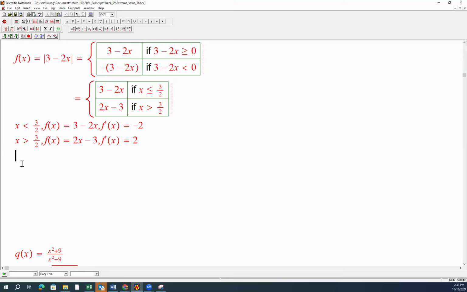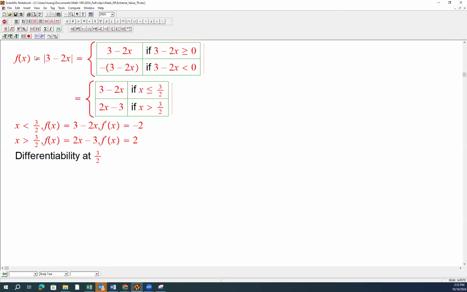So now we have not considered 3/2. We'll check differentiability at 3/2 in a moment. So let's see what the differentiability at 3/2 is. We have to use the definition of derivative from left and from right, because it's absolute value.